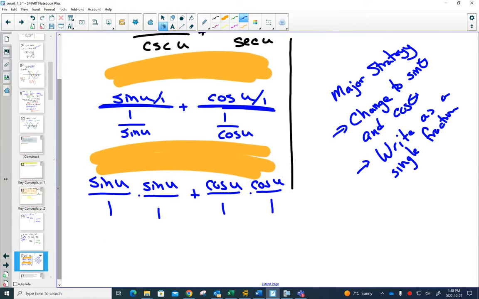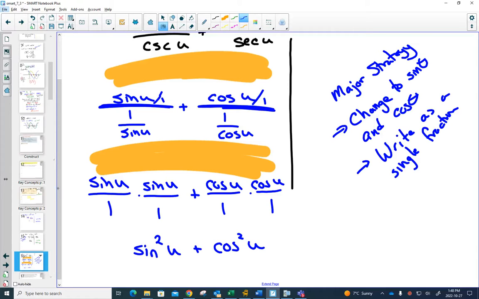So now, I've got sine u times sine u. Can you see that if you have sine times sine, you would get sine squared? And if you have cos times cos, you would get cos squared. And it'll all be over 1, so I don't need to show that because the 1 was on the bottom.